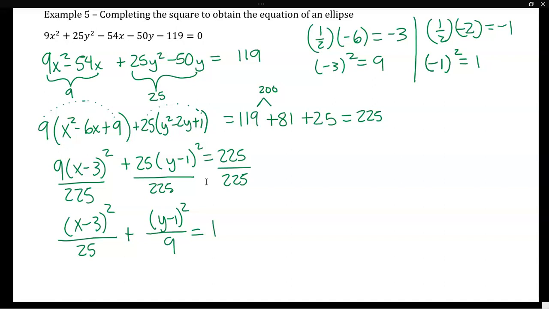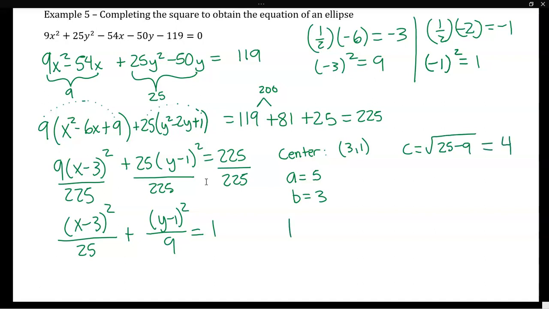So from there, the information that we know is that the center is (3, 1). The major axis is our horizontal axis. So that's going to tell us that A equals 5 and B is equal to 3. And then for our foci, we can find C. So C is going to equal the square root of the larger denominator minus the smaller, so 25 minus 9, and that's going to give us 4.